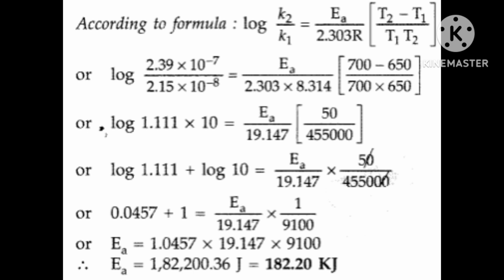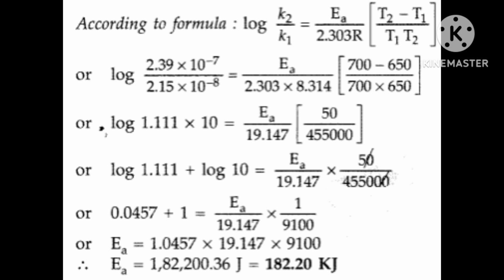Before decomposition, both products were 0. But after time t, suppose 2x atm has decreased.